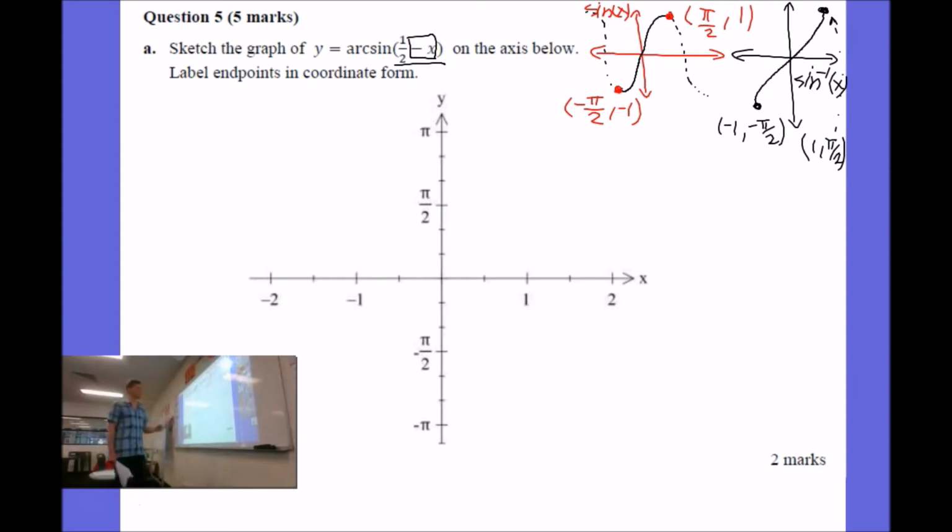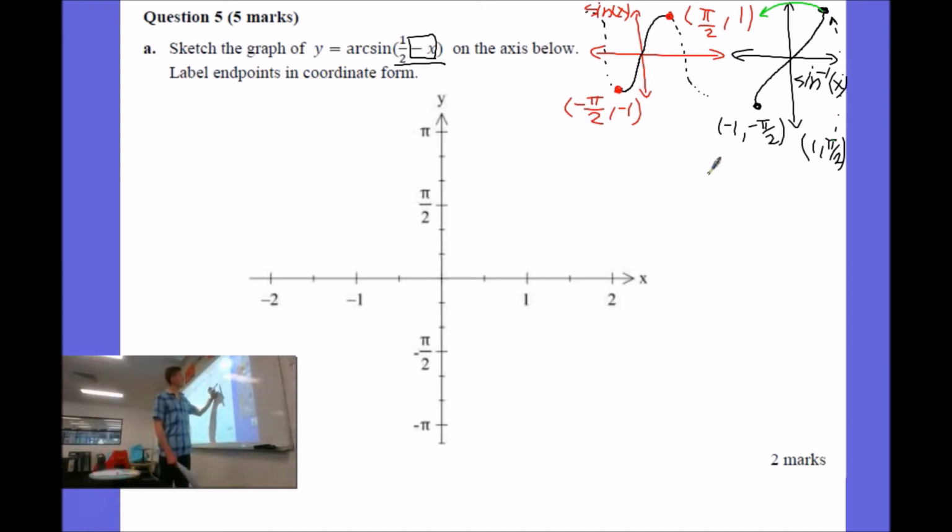So the point up here at positive 1 and pi on 2 is going to reflect over the y-axis to minus 1 and pi on 2. It's going to flip this way.